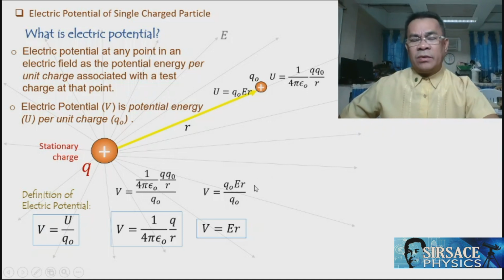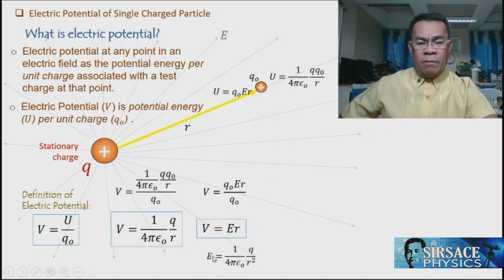Okay? So the question is, okay, by the way, this electric field can be substituted here if the charge is a point charge. So if this is a point charge, then this is the electric field. Recall in our previous video, there are different electric fields for different charges.